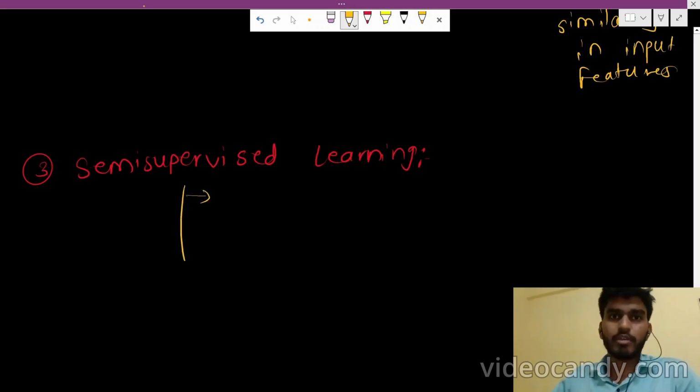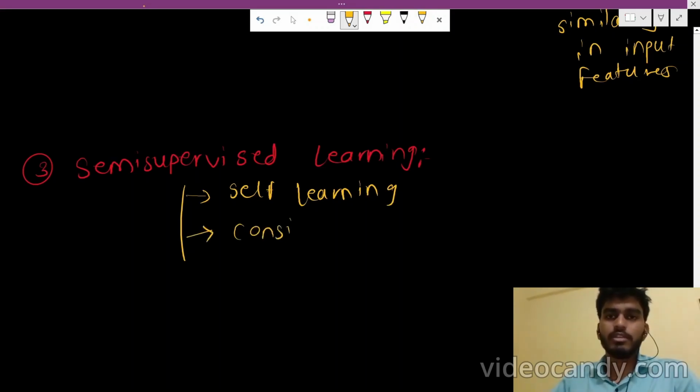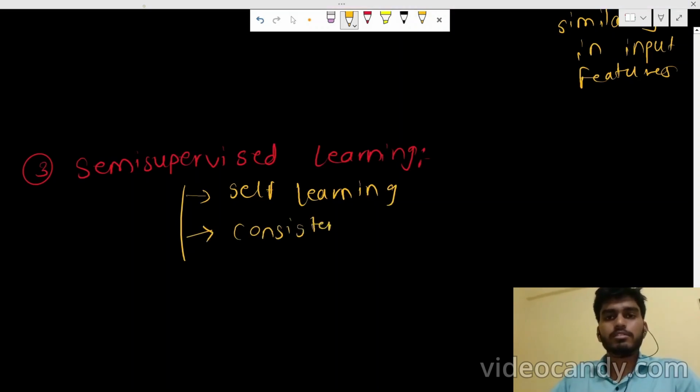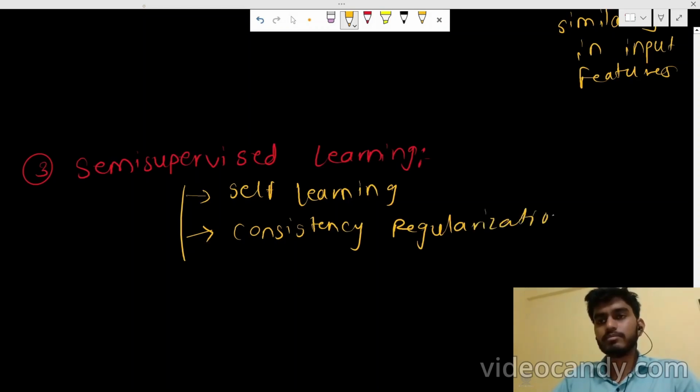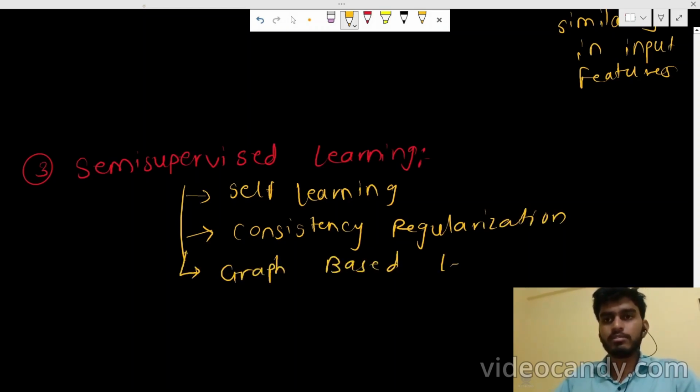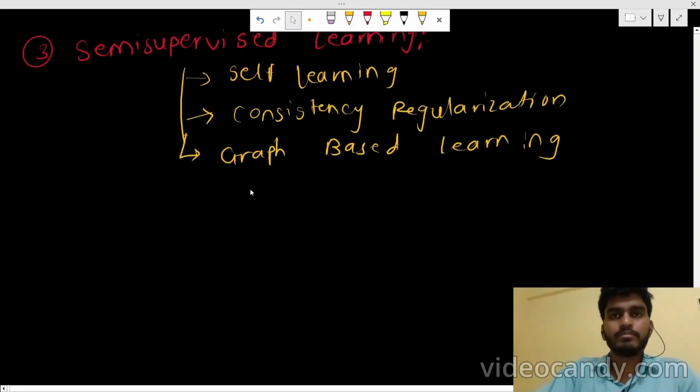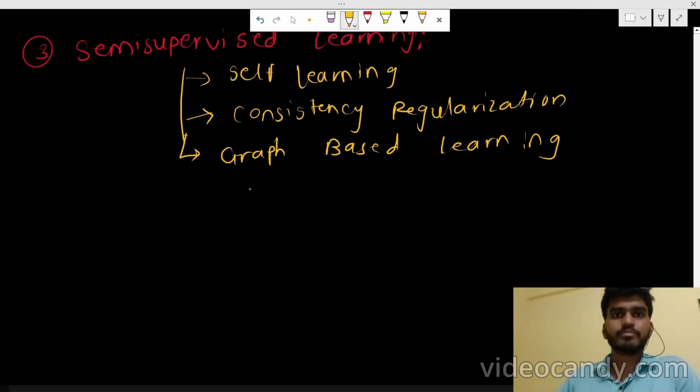Let me first draw the hierarchy. There is self-learning, there is another type, consistency regularization, then graph-based learning.